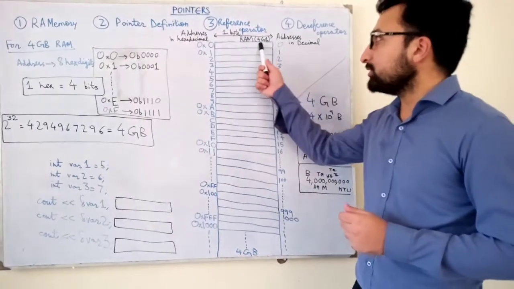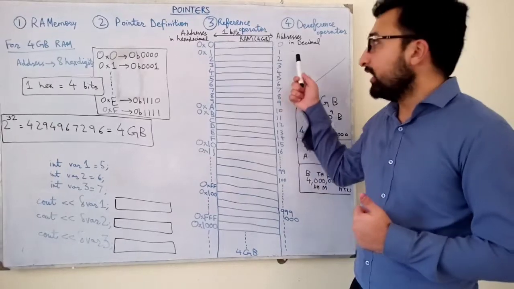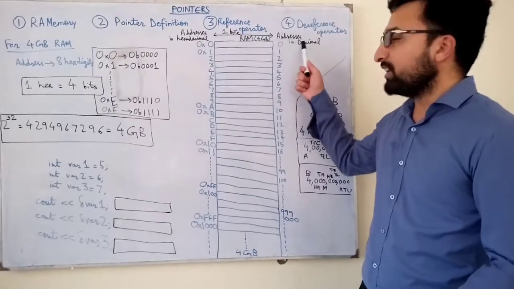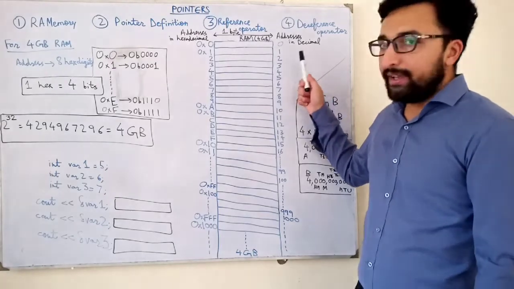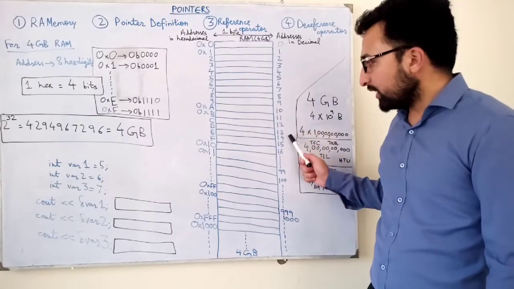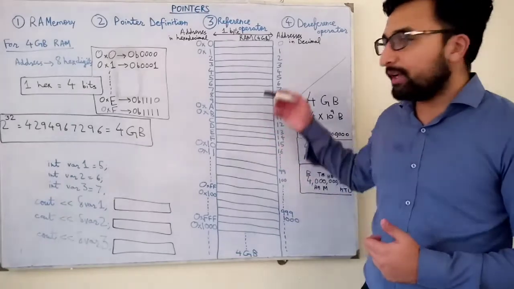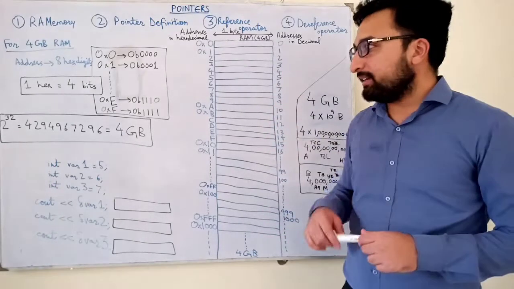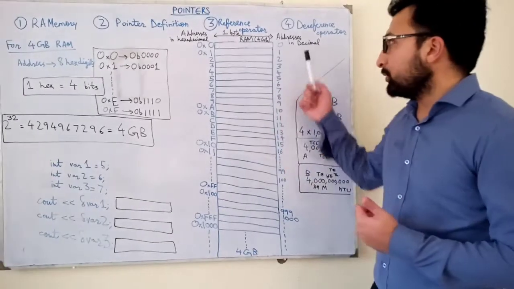For example, if we are talking about addresses in decimal, the first byte is addressed by the address 0, the second by the address 1, the third by 2, then 3, 4, 5, 6, 7, 8, 9, 10, 11, 12, 13, and so on and so forth. It will go up to the counting of 4 giga addresses.